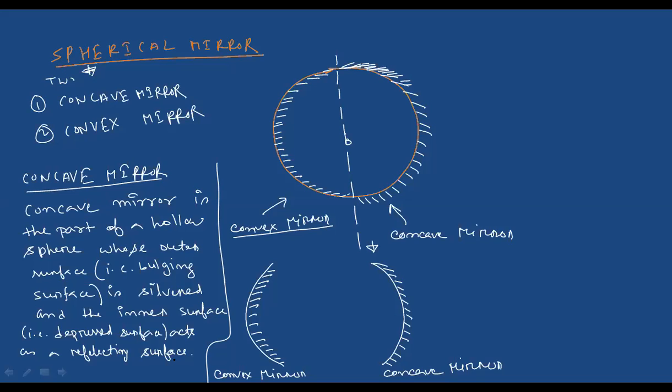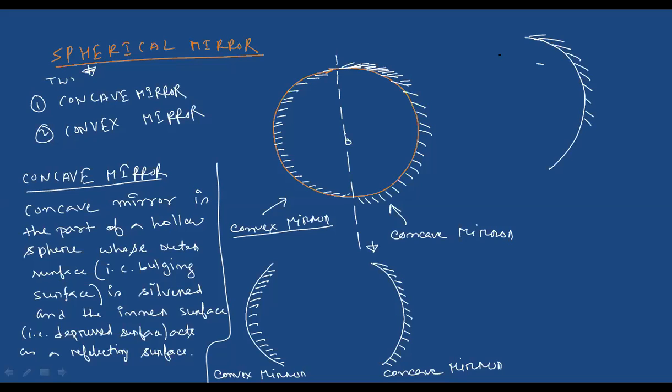Now see, try to understand this one. This is your concave mirror. This is a hollow sphere, and this is the outer surface. If you divide this, this will be your concave mirror, where this is the outer surface and this is the inner surface.